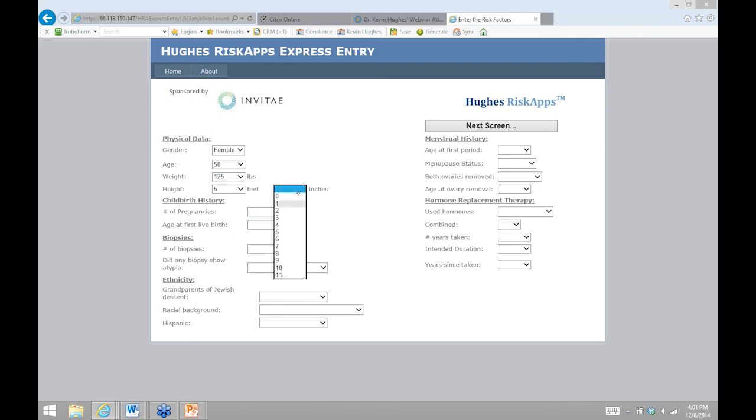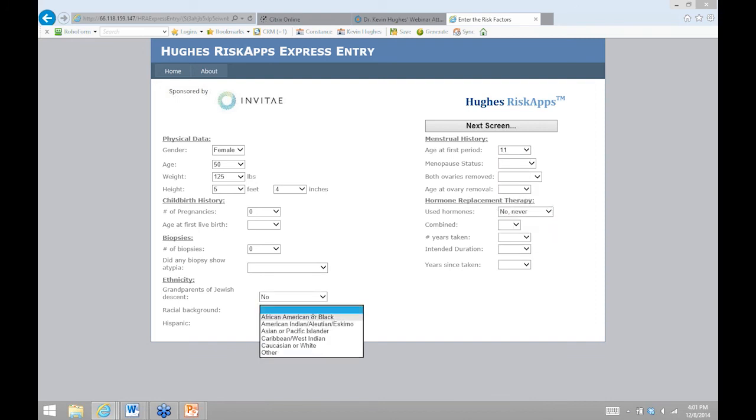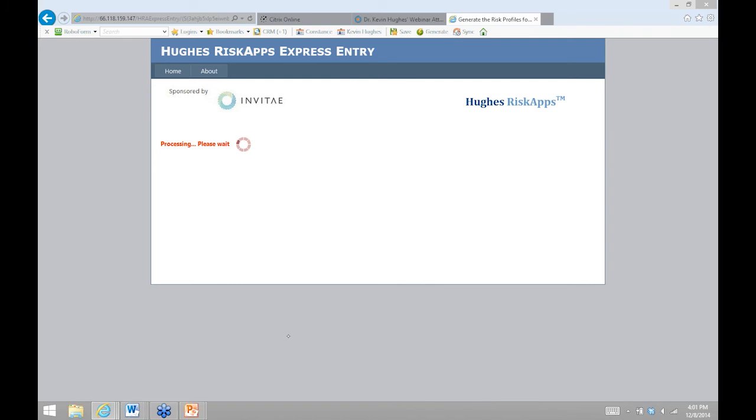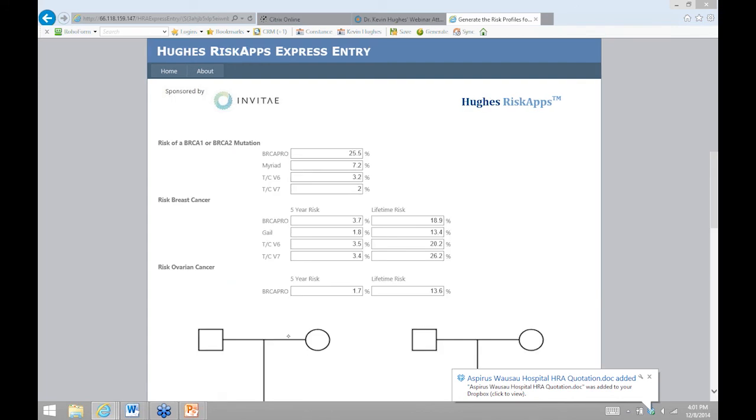Let's make her 5'4". 0 pregnancies. 0 biopsies. Not Jewish. American, and no. And so with a very small number of data entry points, you can run all the risk models that I've showed you today.